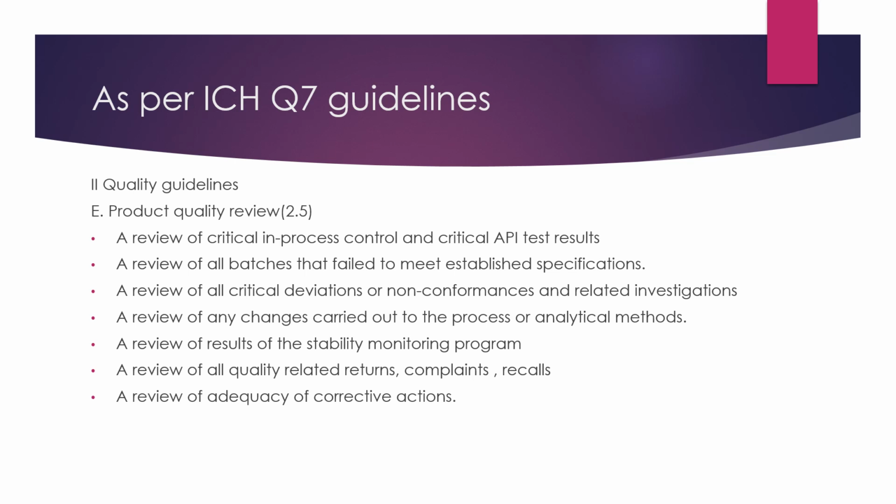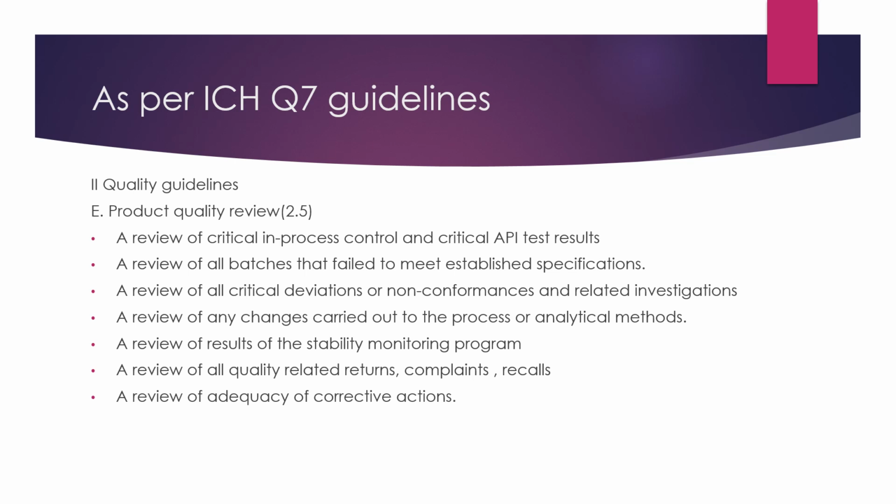A review of all batches that fail to meet established specifications. So the batches that have failed to meet the specification, for example OOS batches or any deviated batches, all those things have to be covered in the APQR. A review of all critical deviations or non-conformances and related investigations.